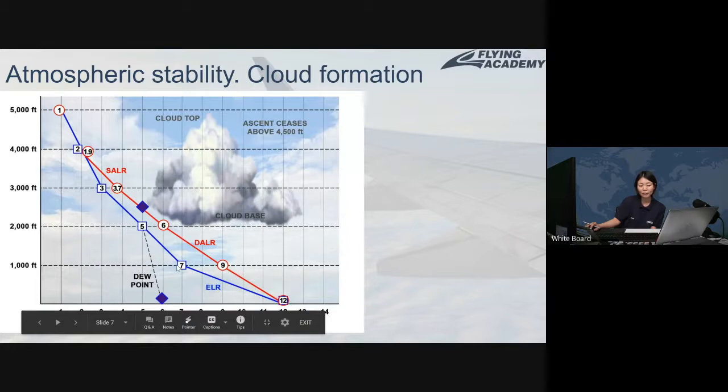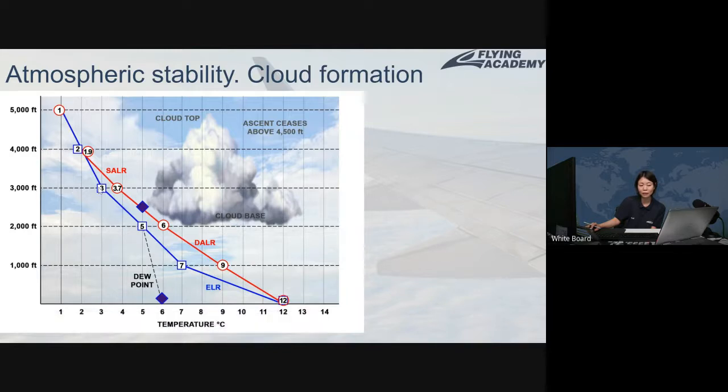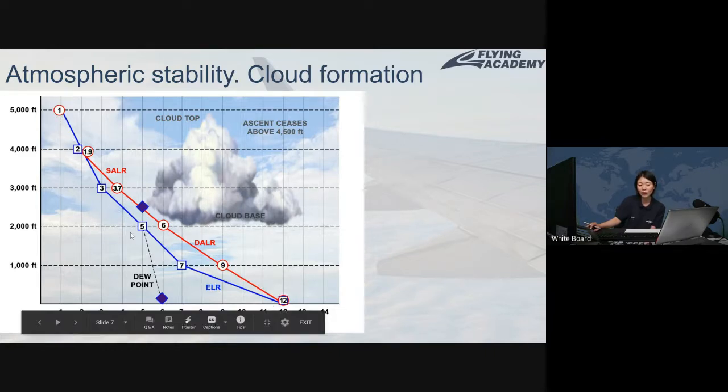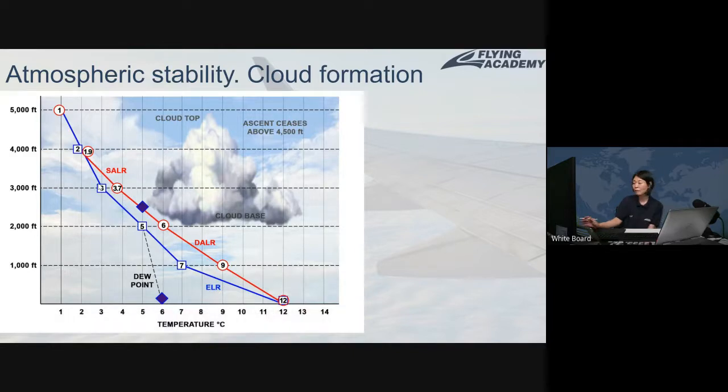At 1,000 feet, it becomes 7 degrees. At 2,000 feet, 5 degrees. At 3,000 feet, 3 degrees. At 4,000 feet, 2 degrees. And at 5,000 feet, 1 degree Celsius. It's not the same amount of lapse rate, because the environment differs.